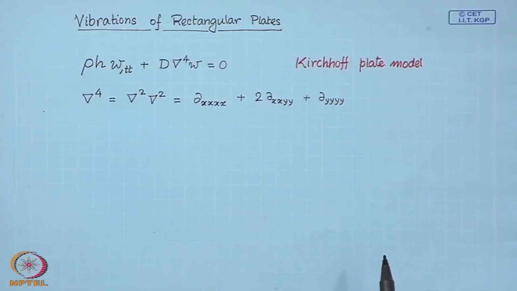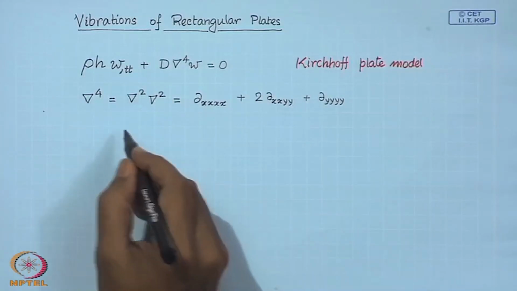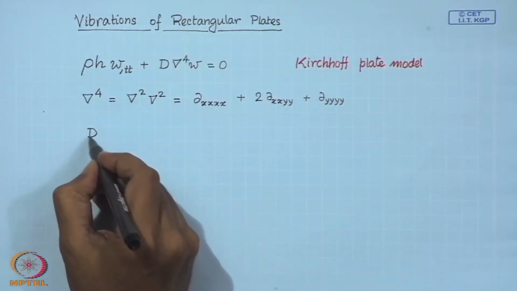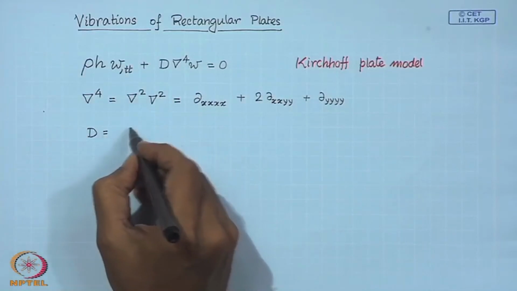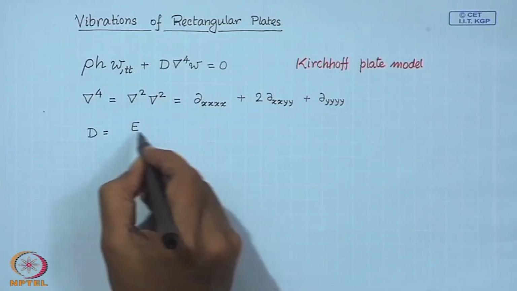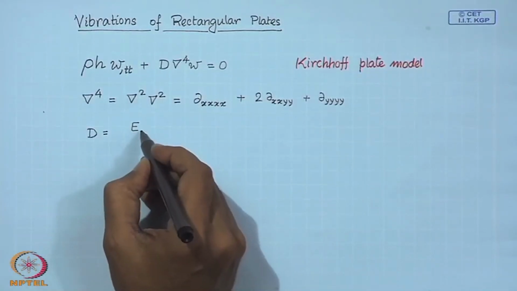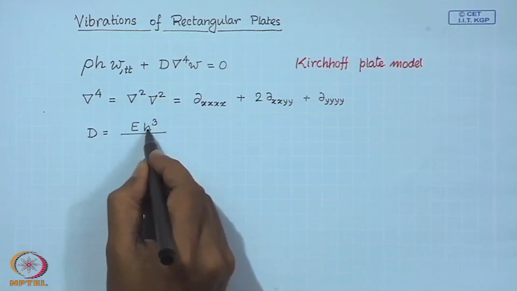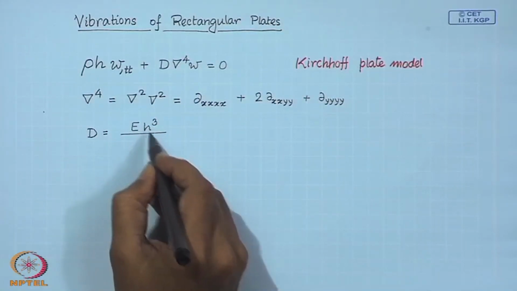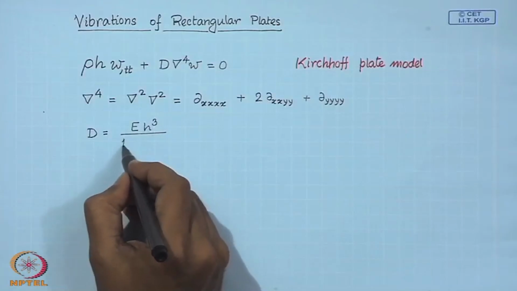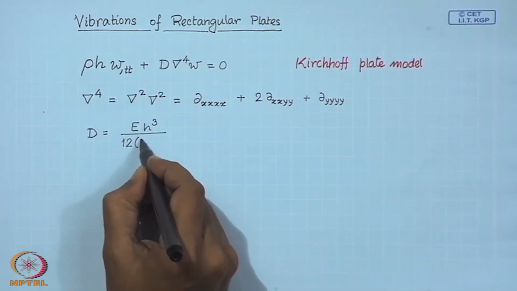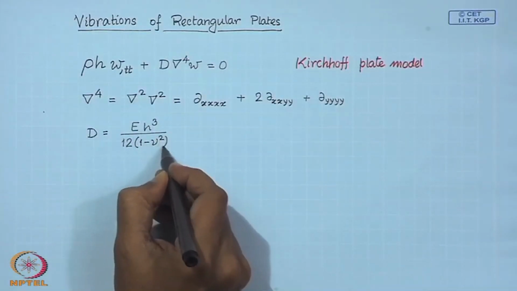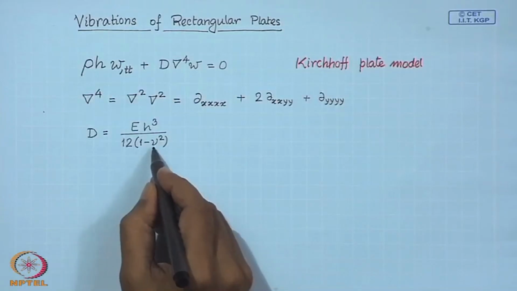turns out to be in this form, and D is in terms of the Young's modulus E, thickness cube, thickness of the plate H cube divided by, nu is the Poisson ratio.